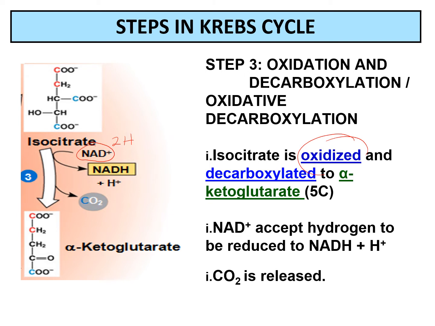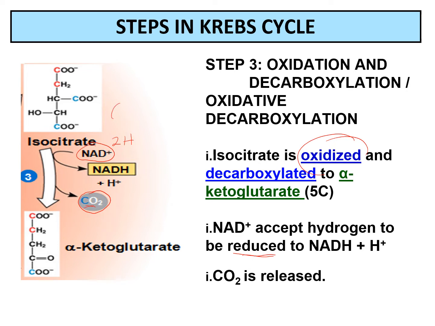So in this process, NAD+ is reduced to NADH. And after oxidation, decarboxylation occurs, which releases a carboxyl group from the isocitrate in the form of carbon dioxide.